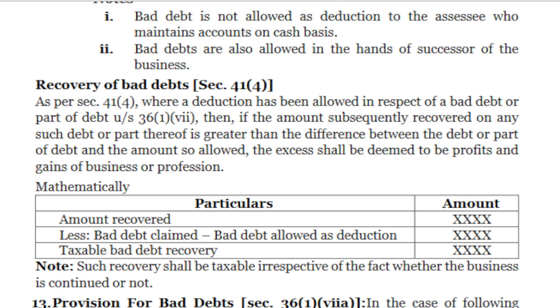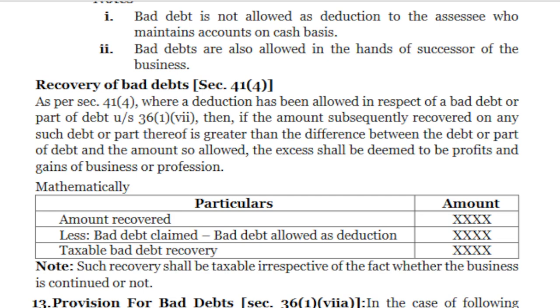And the balance 15,000, which I recovered, I felt they were bad and I recovered now. So that's why 15,000 is taxable. Let's see the note. Such recovery shall be taxable irrespective of whether the business is continuing or not. Very good. This way you should understand.